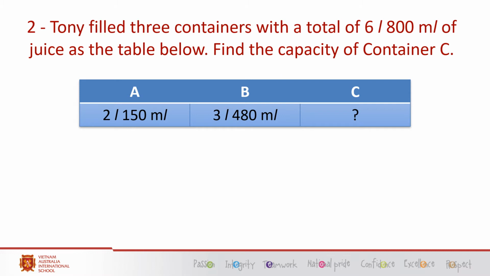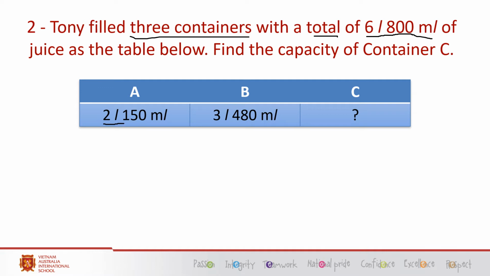Activity 2. Tony filled 3 containers with a total of 6 liters 800 milliliters of juice as in the table below. Find the capacity of container C. Now, underline the keywords. How many containers do we have in total? 3. And the total capacity is 6 liters 800 milliliters.